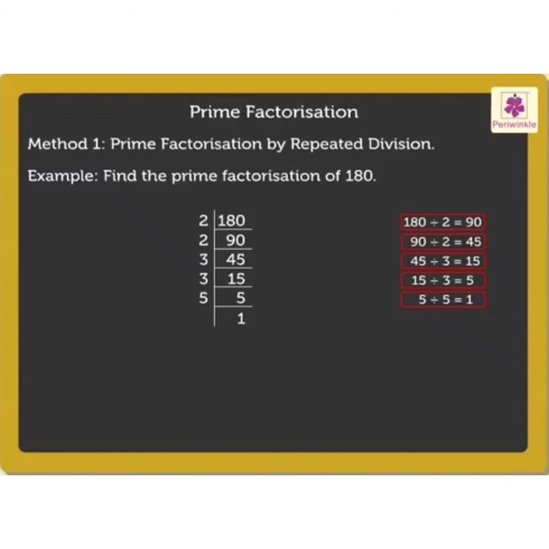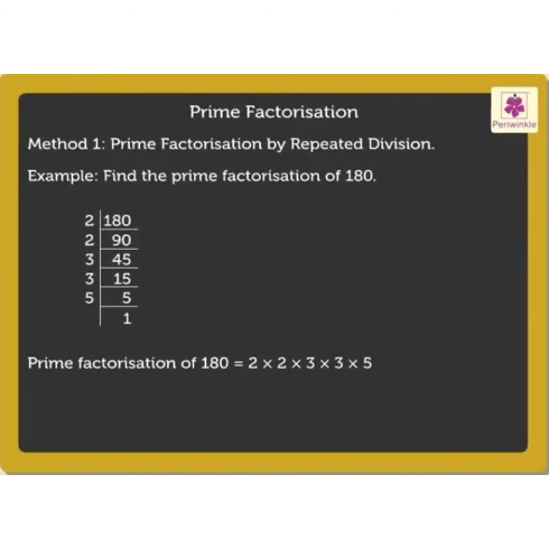Now we'll write the prime factorization of 180 as the product of all the prime numbers that we have on the left. Thus, the prime factorization of 180 is 2 into 2 into 3 into 3 into 5.